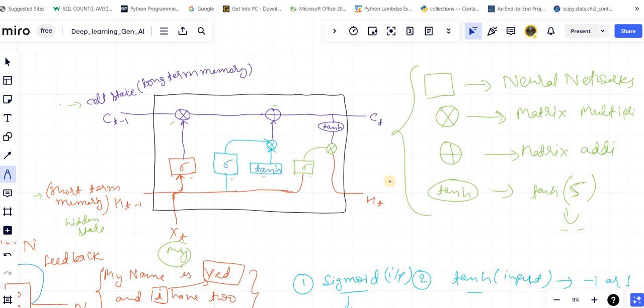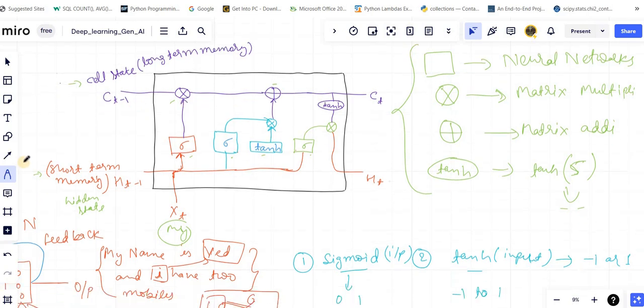Is it clear till here? This block diagram, I haven't explained yet. I'll come on that.